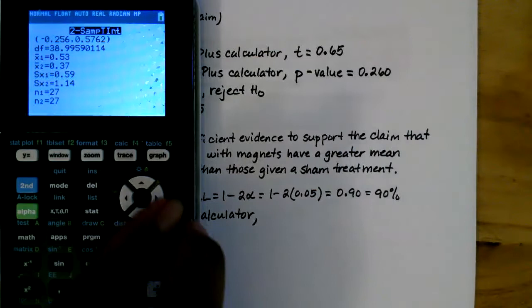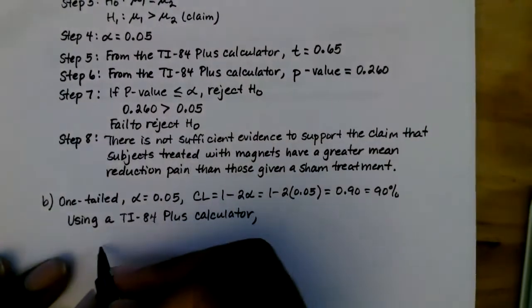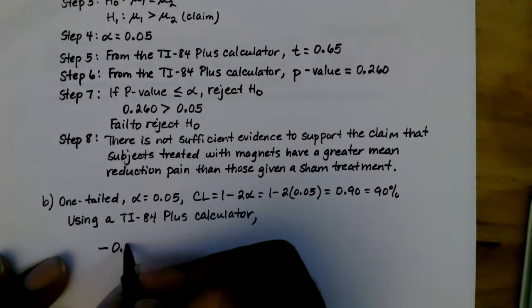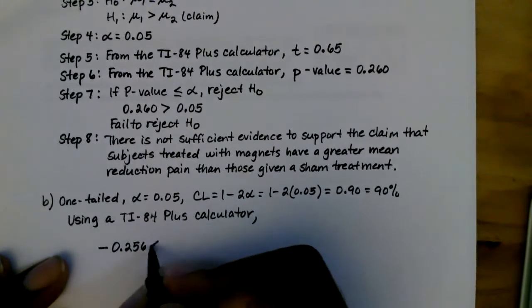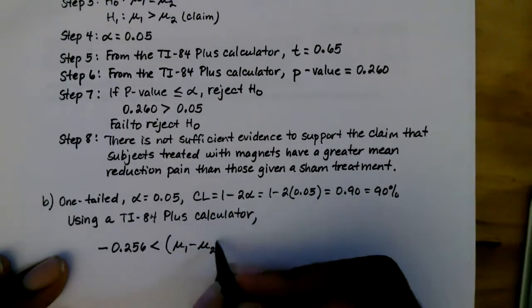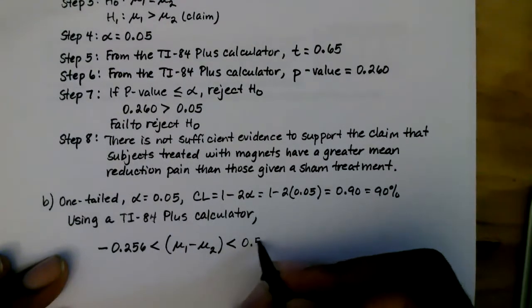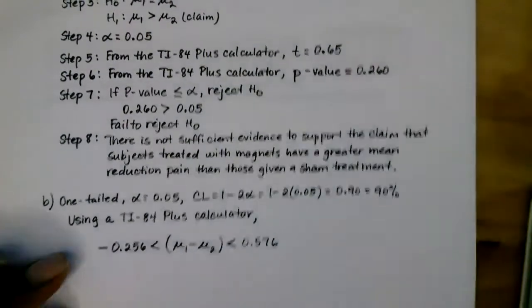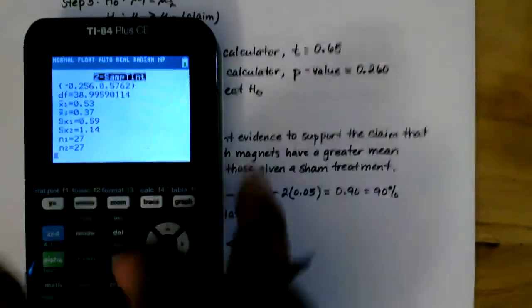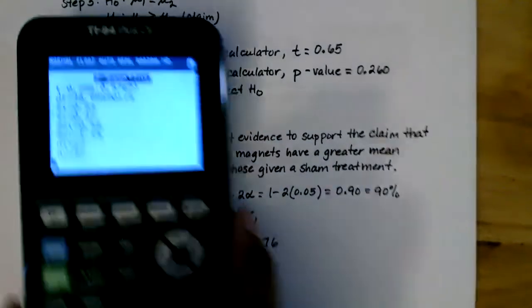To 3 decimal places, it will be negative 0.256 less than mu1 minus mu2 less than 0.576. Now I'm rounding each of those limits to 3 decimal places.